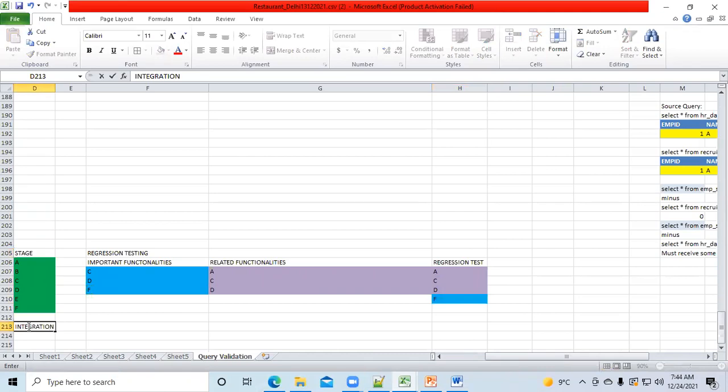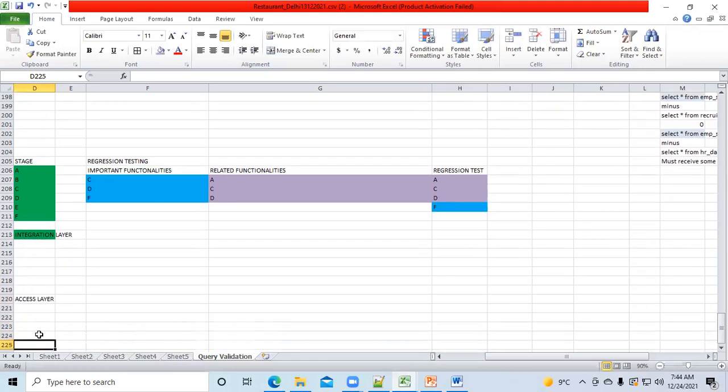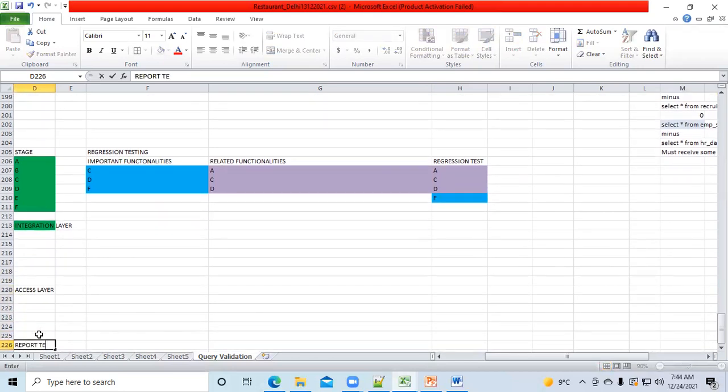So again, same thing you have to repeat. In integration layer, you will do the testing of all the functionalities, and if any defect is there, you will do the sanity test. Then once you're done with the testing of all the functionalities, you should do a regression test for this integration layer. Then you should do same testing in access layer. Okay, then in report testing.